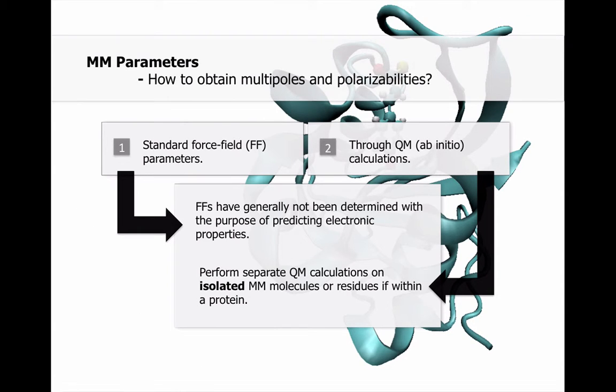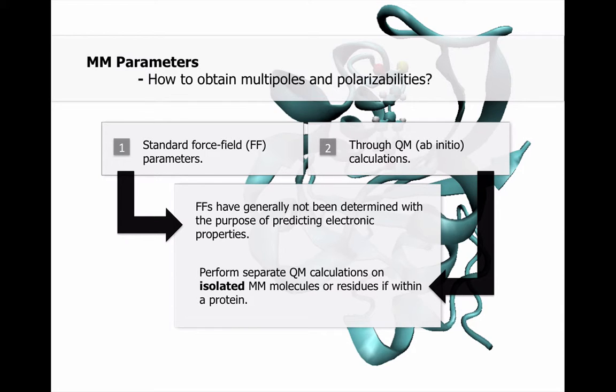Now, in order to obtain accurate results based on the polarizable embedding strategy, we of course need to use an embedding potential that describes the environmental potential in an accurate way. Generally, we can use, for example, standard force field parameters like partial charges to represent this embedding potential. But the problem is that these charges have not been determined with the purpose of predicting electronic properties, meaning that they may perform poorly.